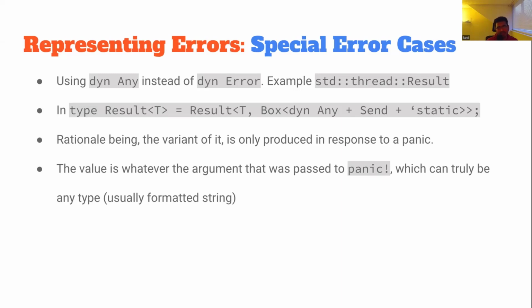Whatever argument was passed to panic will be kept in this result, which can be literally anything. Usually we just pass some kind of format string to panic, but it can be anything. That's why this result type, at least the error section of the result type, is dyn Any instead of dyn Error.